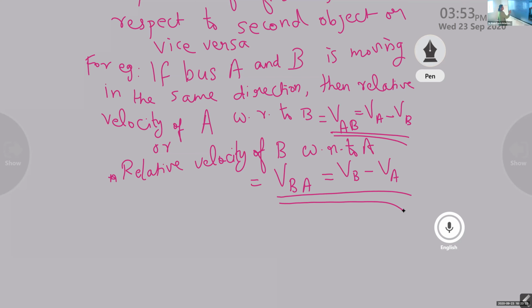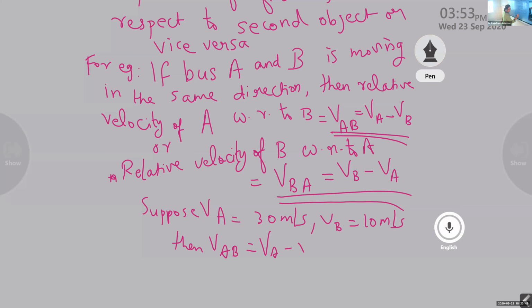So, another example, a continuation of this. Suppose VA is equal to 30 meter per second and VB is equal to 10 meter per second. Then VAB is equal to VA minus VB, which becomes 30 minus 10, 20 meter per second.